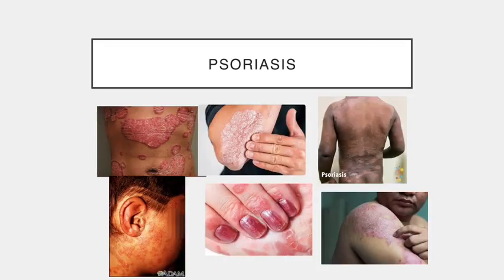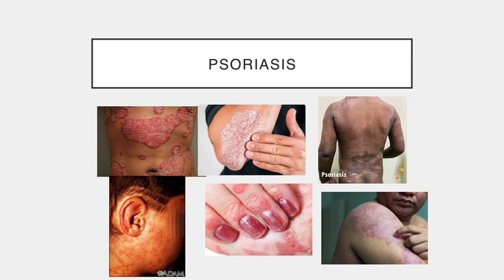Okay, so moving on to psoriasis. Psoriasis is very common, a common benign chronic inflammatory skin disorder. It's usually familial, and psoriasis is characterized by whitish scaly patches, and most of the time you'll see this on the scalp, the knees, and the elbows.